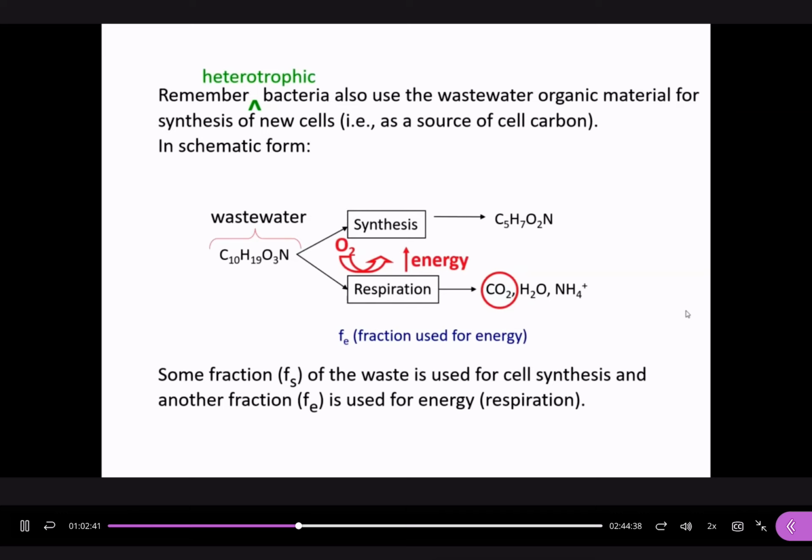One part will be converted into CO2, water, and other chemicals, and that process is called respiration. Respiration produces energy. So what is the energy used for? For the synthesis of cells, so microorganisms can reproduce and multiply. And the combined fraction for the two parts is 1: the fraction used for energy production, and the other fraction used for cell synthesis.